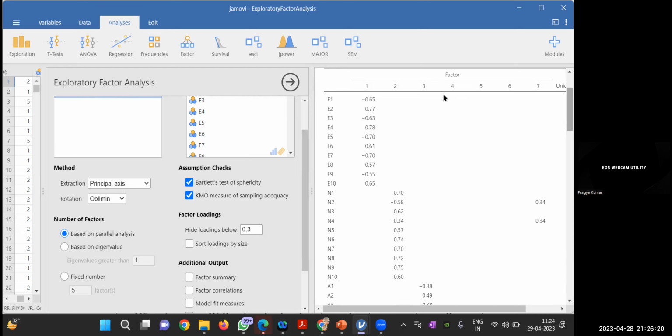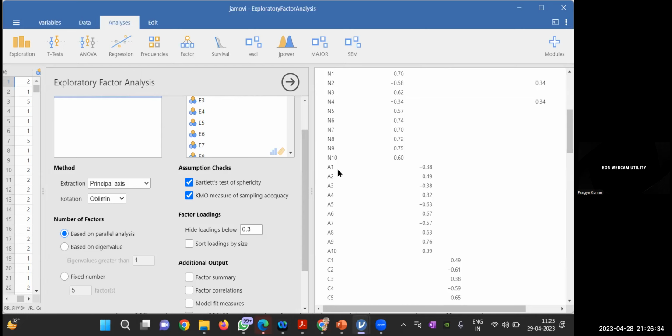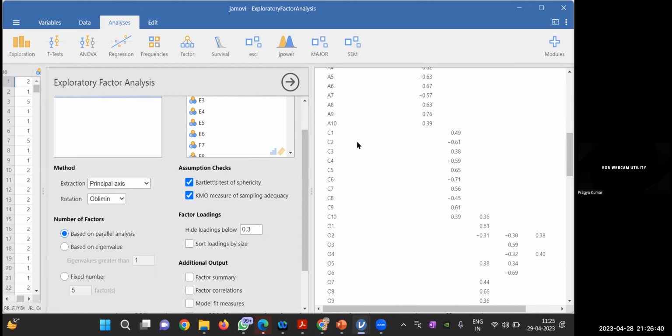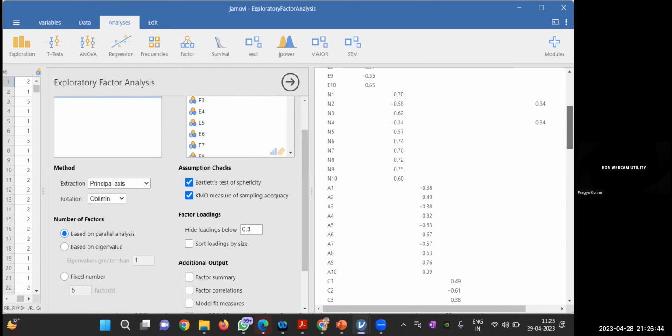Now you see that these E1 to E10 are getting loaded on factor 1. This N1 to N10 is getting loaded on factor 2. These A1 to A10 are getting loaded on factor 3. And this C1 to C10 on 4 and then O on 5.